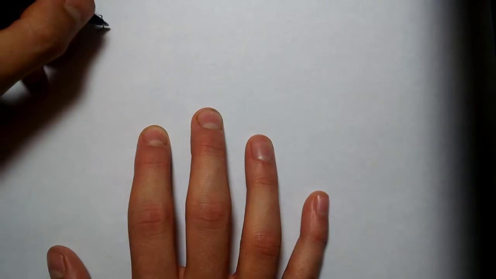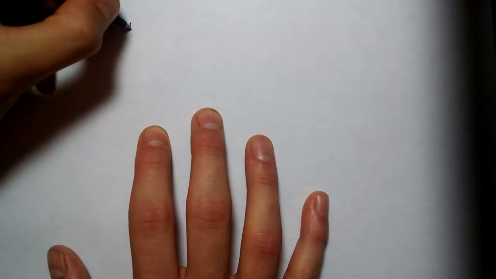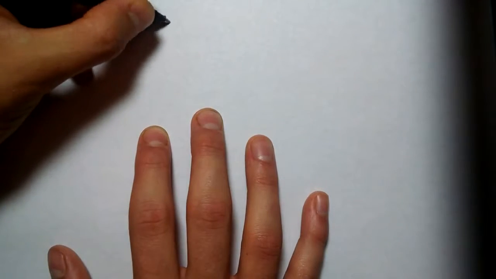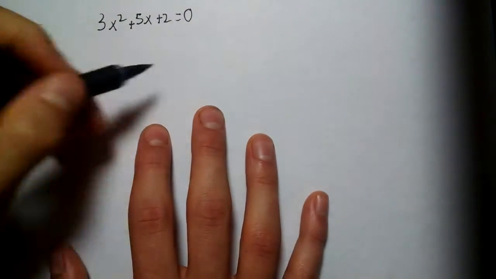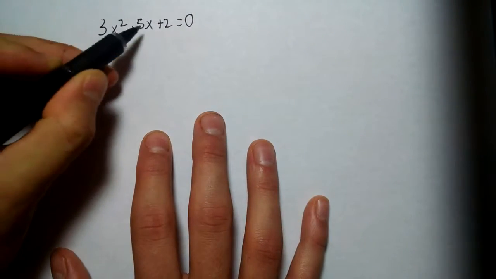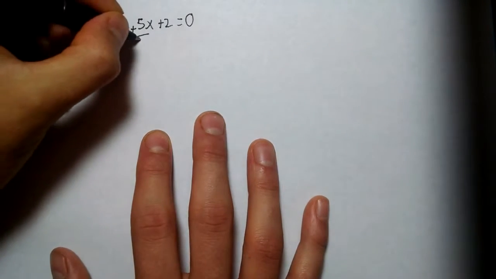So let's say we have 3x squared plus 5x plus 2 is equal to 0. Alright, so it looks like this is not going to be so easily factorable as if we just had, like, no integer here and integers there. So first thing we do, let's divide everywhere by 3.